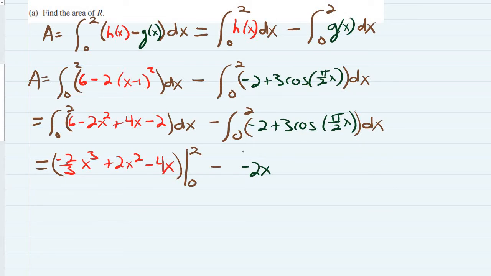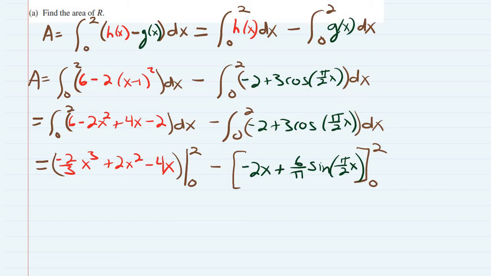This ends up giving us 6 over pi times sine of pi over 2 x, because the antiderivative of cosine is sine, but I do have to divide by the pi over 2, and that gives us 6 over pi. I do need to evaluate this one also between 0 and 2, and I notice I still have brought down my minus sign here.